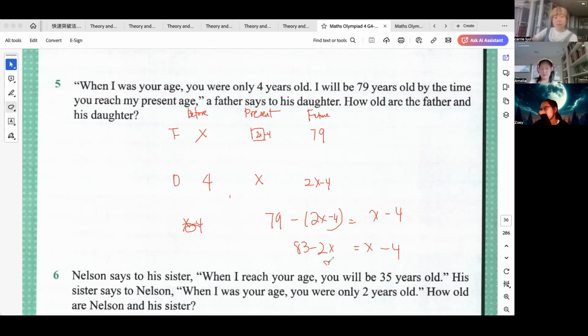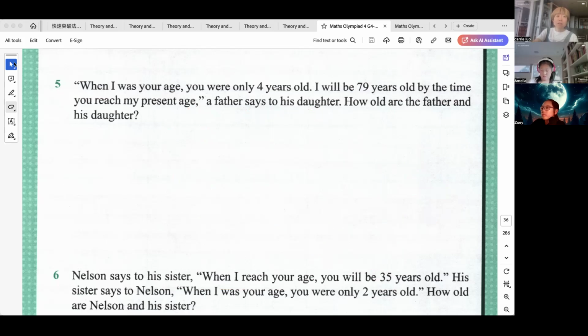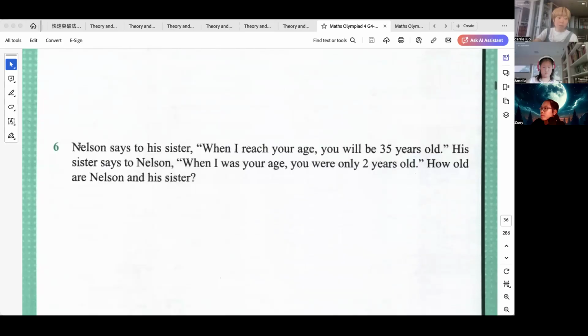So you're going to get 87 equals 3X. So X equals 29. So father equals what? Father equals 29 times 2 minus 4 equals 58 minus 4 equals 54. Get it? We have to have the table listed and it's going to be easy.